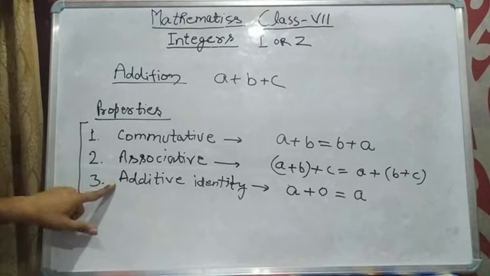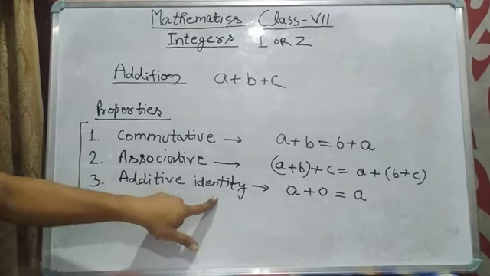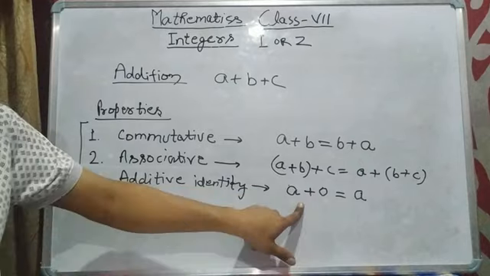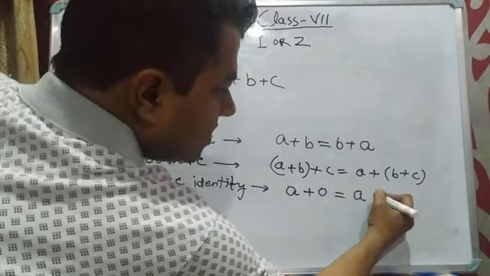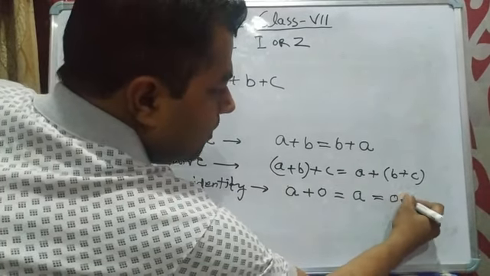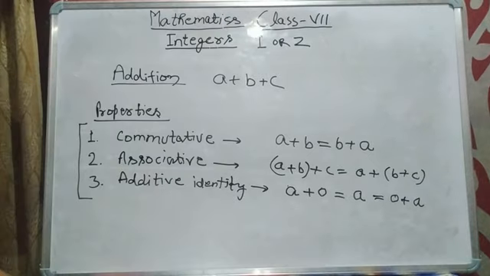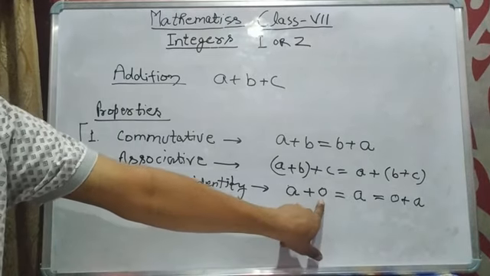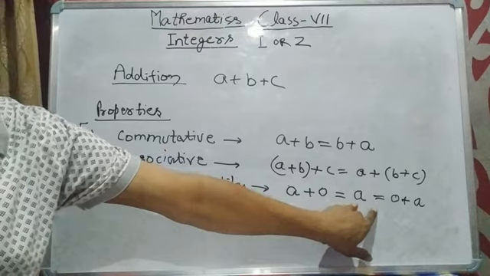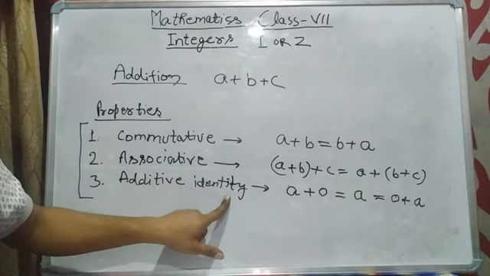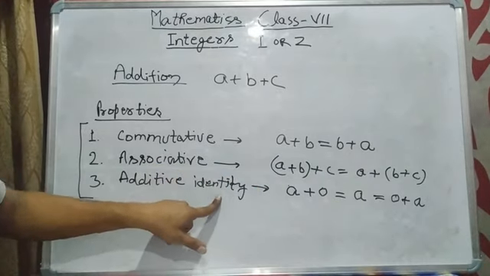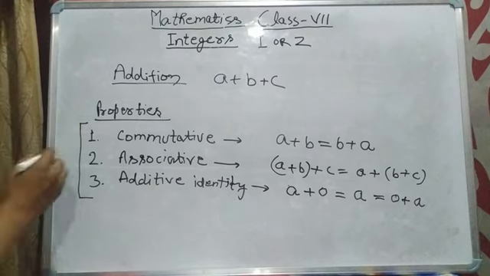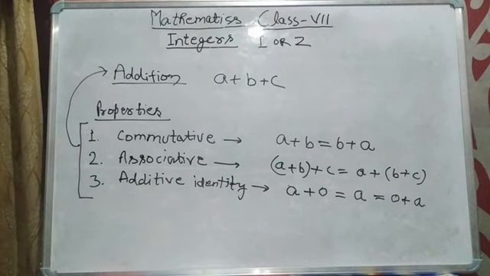Additive identity is only possible in addition, because 0 plus A, we can also do like this, A plus 0, 0 plus A is equal to A. But in case of subtraction, we can't follow this identity. So these properties are only for addition, not for subtraction. In multiplication and division, we will proceed further later.